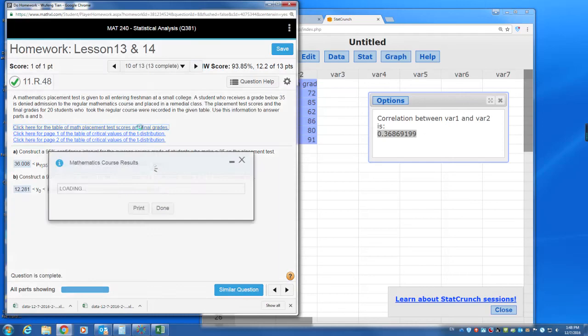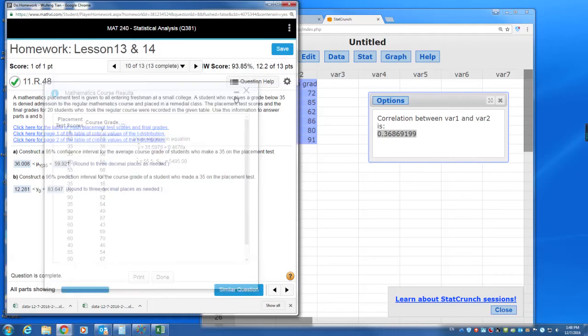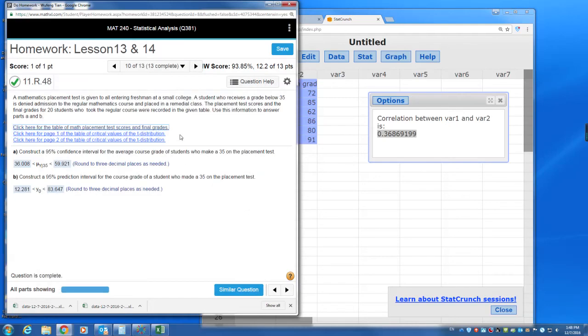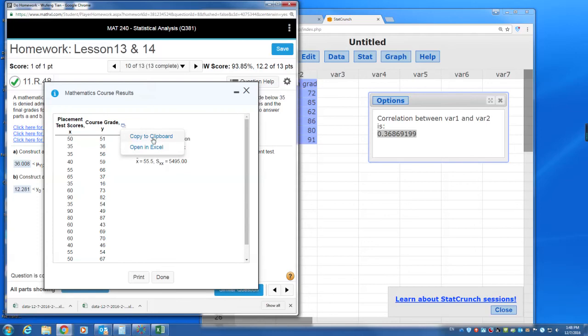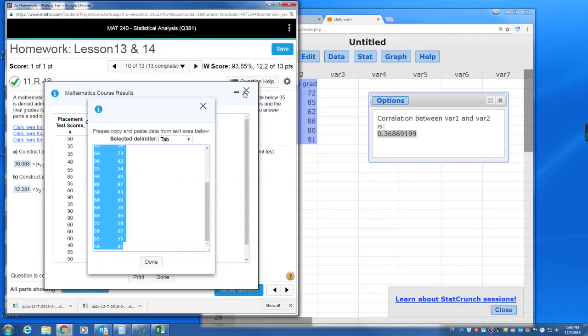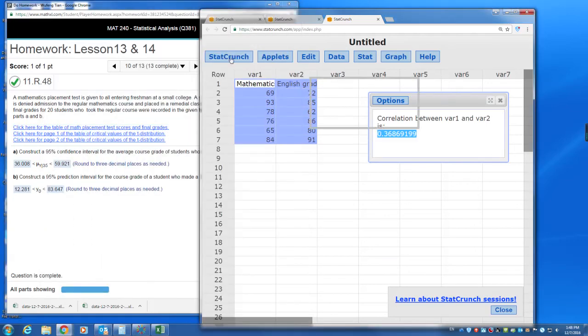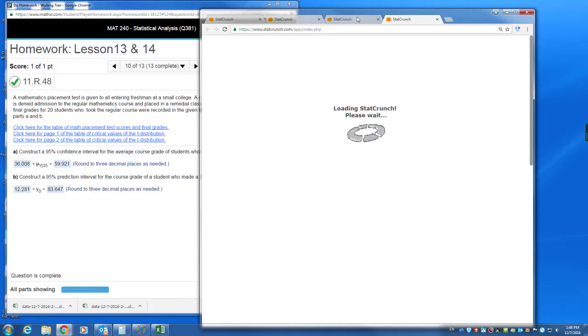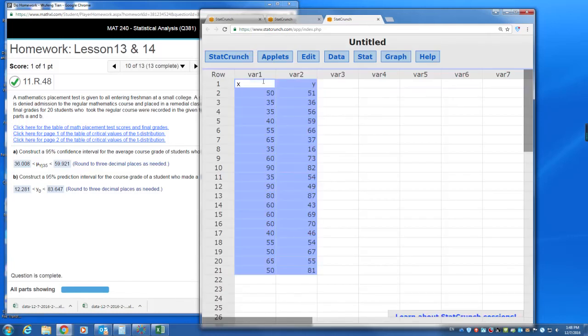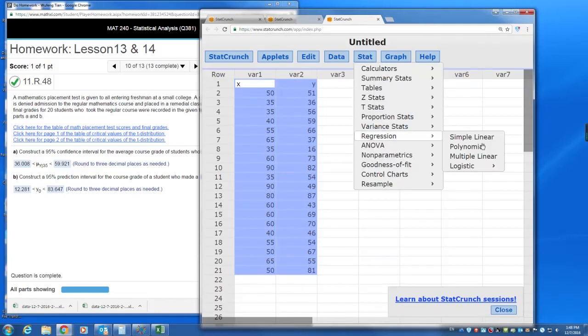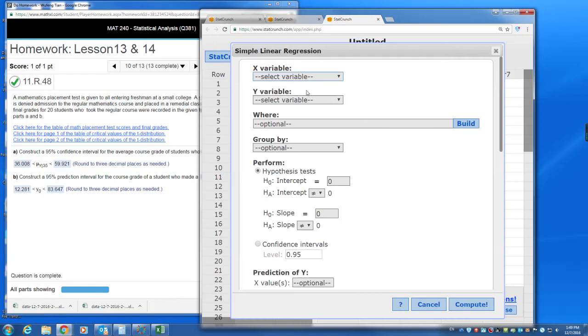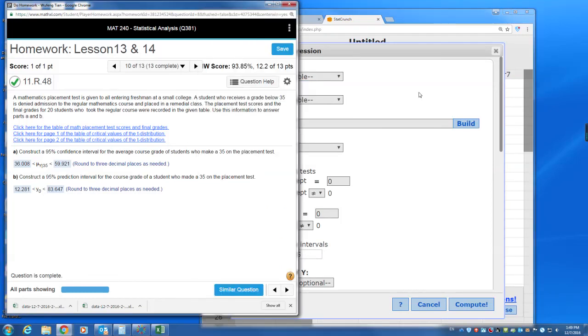Next one is the same thing as the previous one we did, and you just need to type in Control C, Control V, and then Regression, Simple Linear. I think this one has a little bit of change.